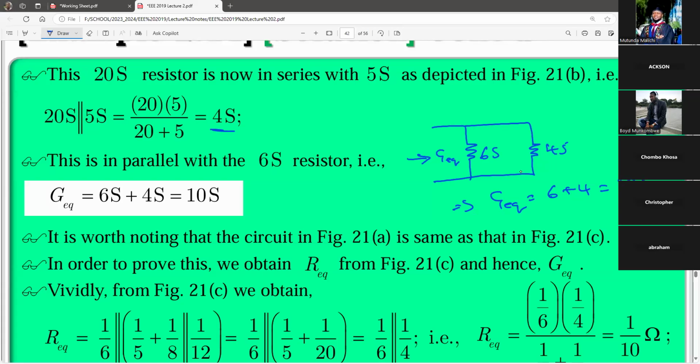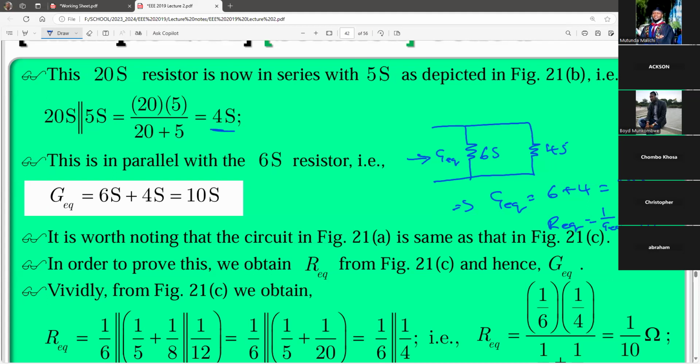Okay, so if you have this 10S, then you can also determine REQ from saying 1 over GEQ, which is equal to 1 over 10. It will give you that equivalent resistance would be equal to, I think, 0.1 ohms.